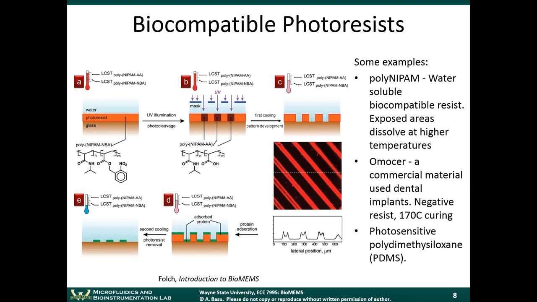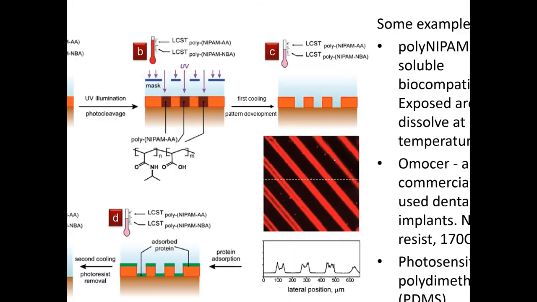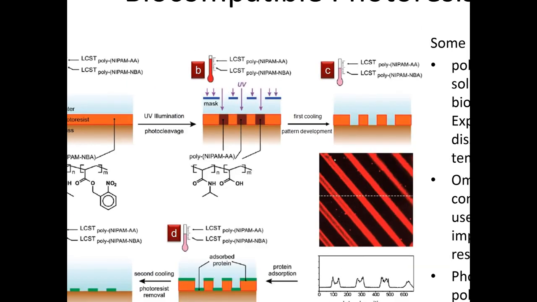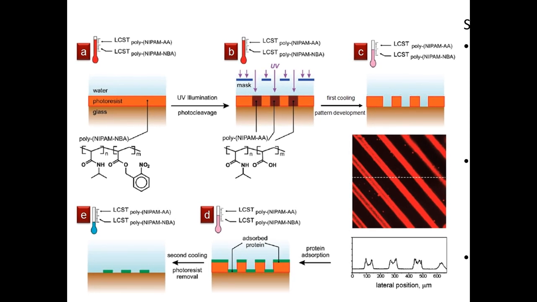This one example is polyNIPAM. It's a water-soluble biocompatible photoresist. And this one works in a slightly different way, in the sense that the exposed areas dissolve at higher temperatures. The previous photoresist changed the solubility properties, making it either soluble or insoluble.